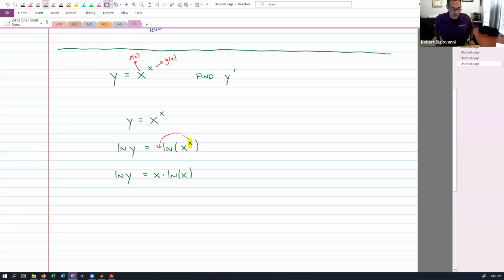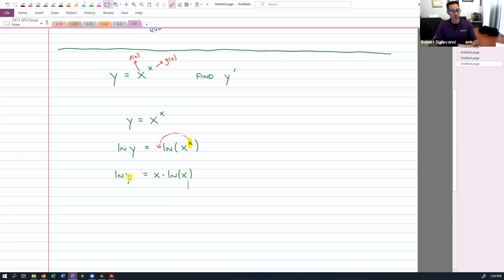Okay, so now look at the right-hand side of this. Do you see we have x times natural log x? That you can take the derivative of, right? You should be able to do that because it's a product. Do you all agree? Okay, but the left-hand side of the equation is no longer y.